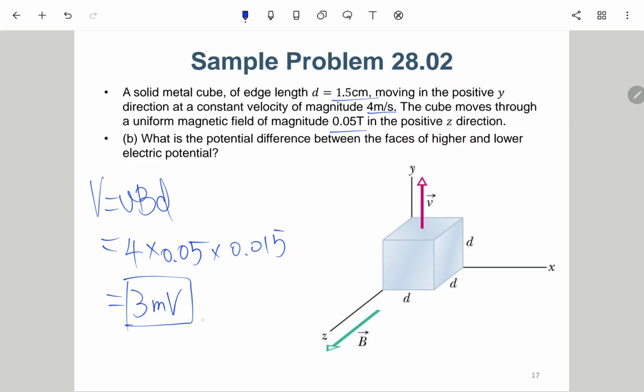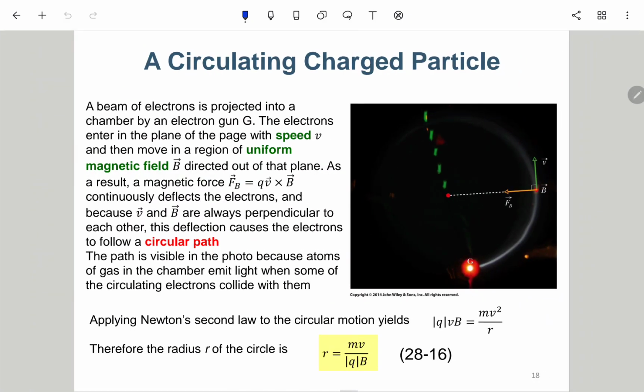Although this is not large, this potential difference is still measurable with a normal meter. 就是普通的电表是可以测到这个 millivolt 的，很普通的那个电表就可以测到这个3毫伏这个电压。Okay, so this is easy.